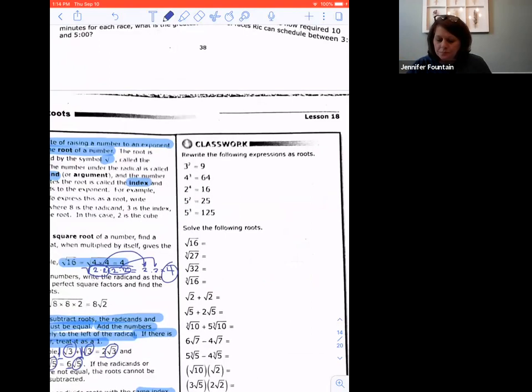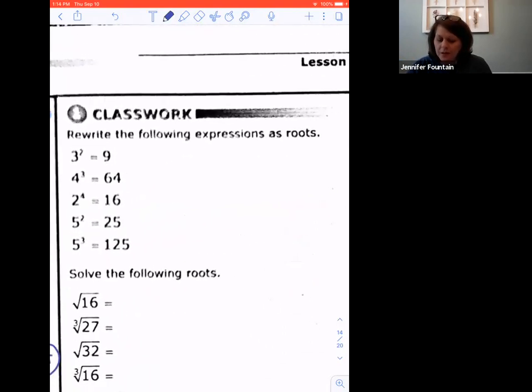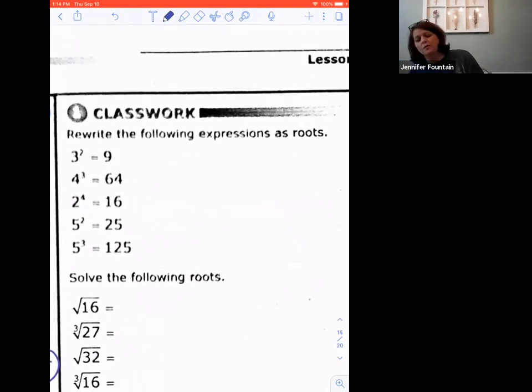So what we want to look at here is it says to rewrite the following expression as roots. So basically, when I'm looking at 3 squared equals 9, and I want to look at it as a radical, I'm going to put my 9 under the radical.